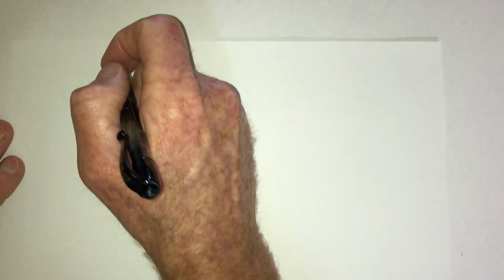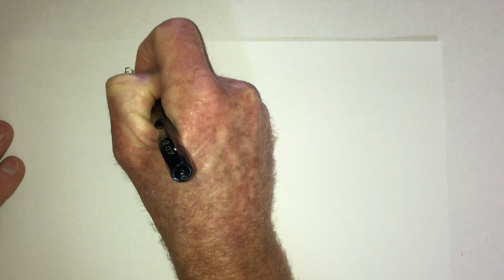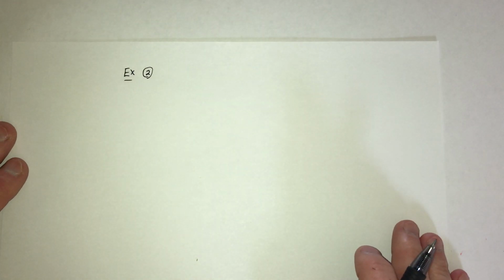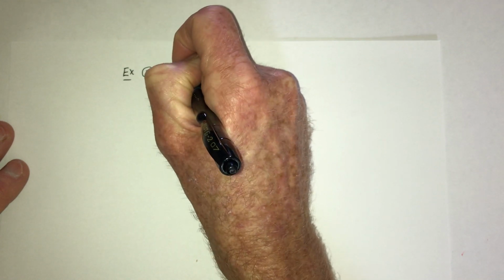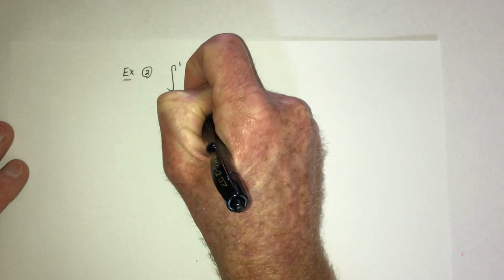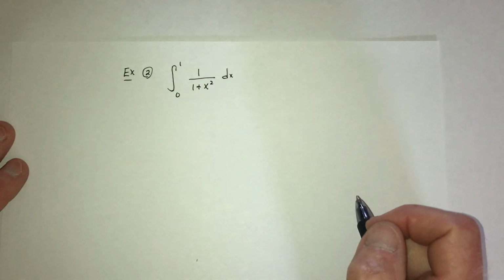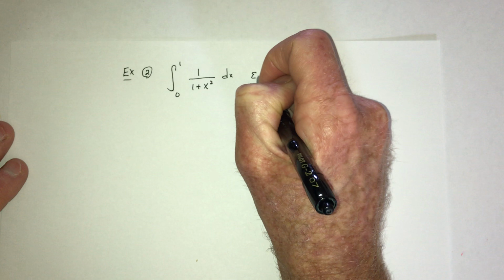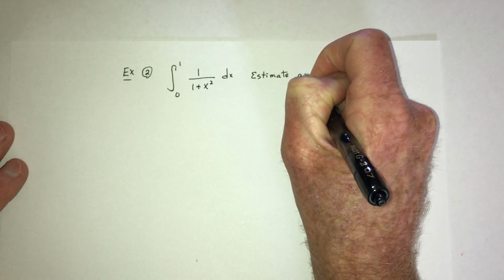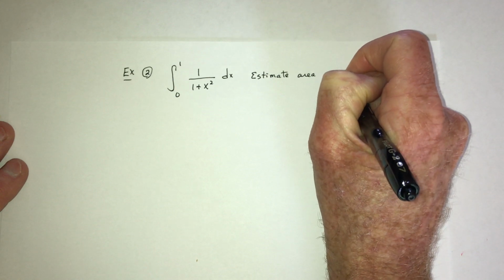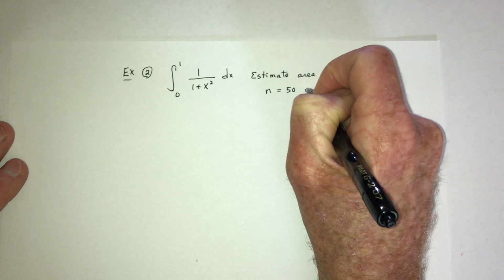So for example number 2. So how about if you were integrating from 0 to 1? So estimate area using n equals 50 rectangles.